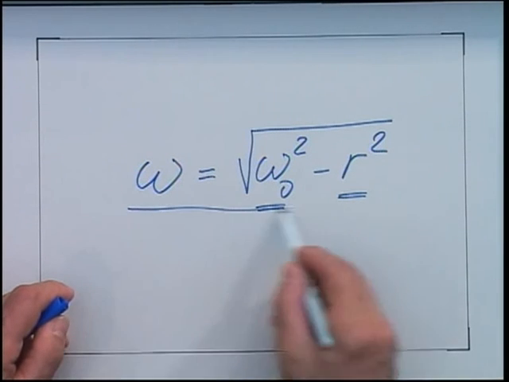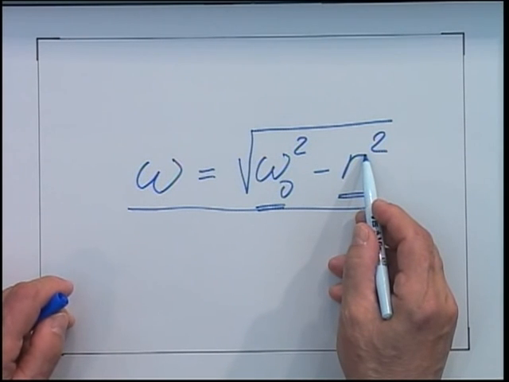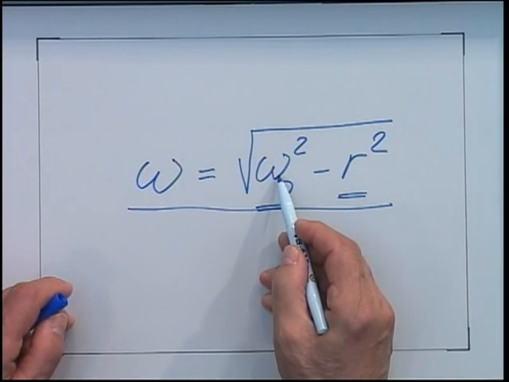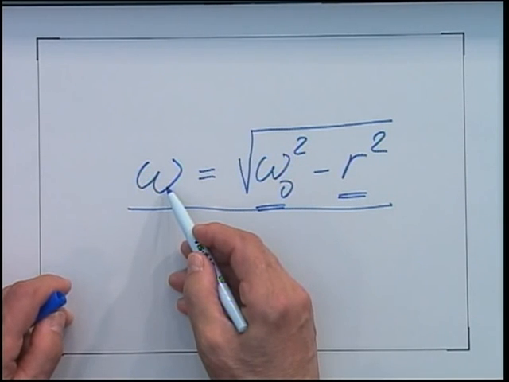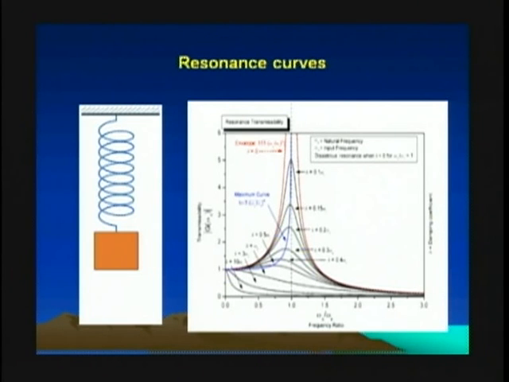However, as you can see from this formula, when this parameter is significant and approaches the natural frequency of vibrations without any viscosity, the frequency of vibrations with viscosity will be next to zero. Zero means that no vibration may possibly occur. And that's what you will see on this resonant curve when you see these lines that do not exhibit any resonant condition. They go from unity down to zero.